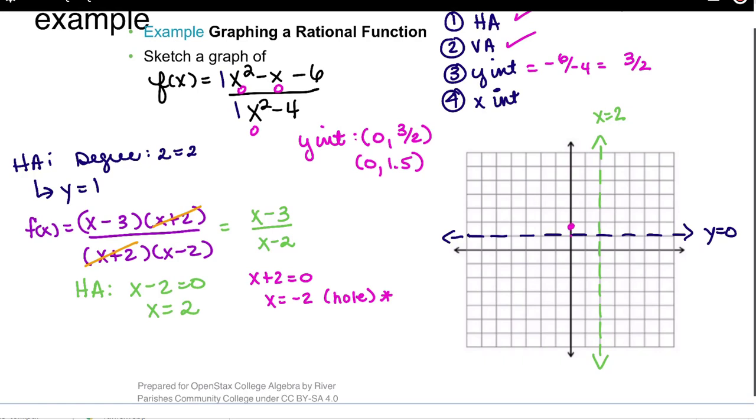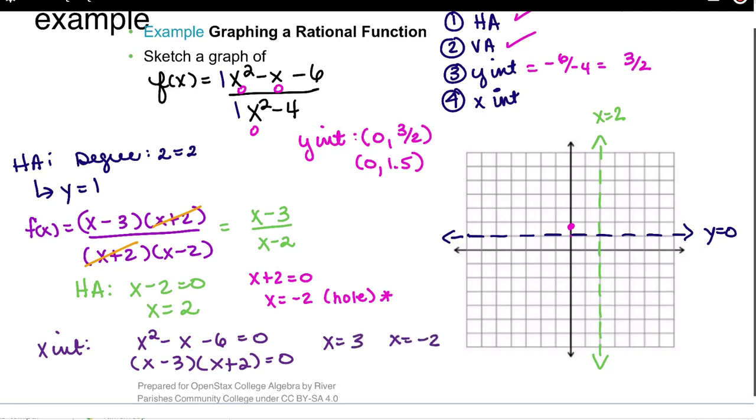So now let's find the x-intercepts. To find the x-intercepts, remember you're setting the numerator equal to 0. We've already factored that. That factored into x minus 3 times x plus 2. And so we get x equals 3, and we get x equals negative 2.